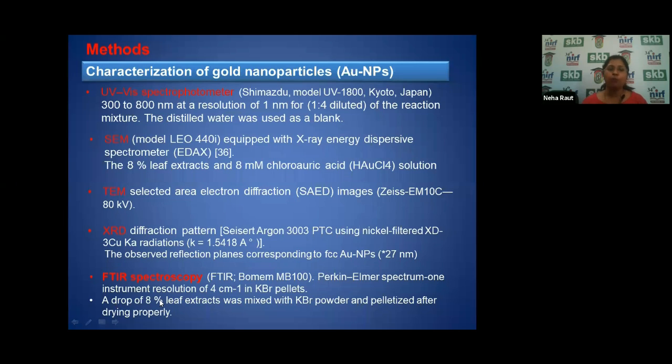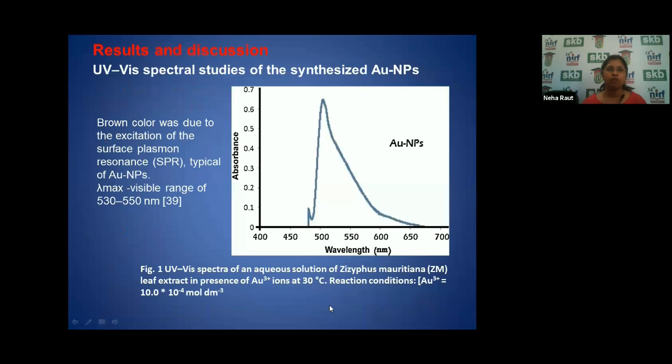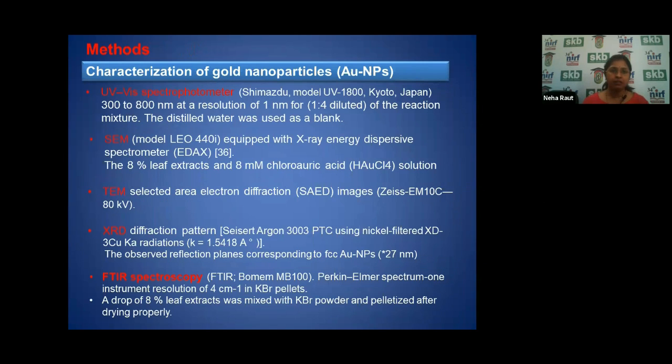In this, a drop of 8% leaf extract was mixed with KBr powder and pelletized after drying properly. So 8% of leaf extract can be mixed with the KBr powder. So these are all the methods.